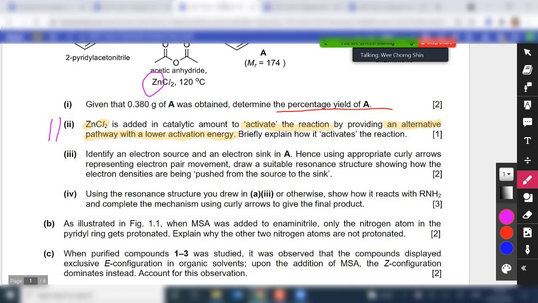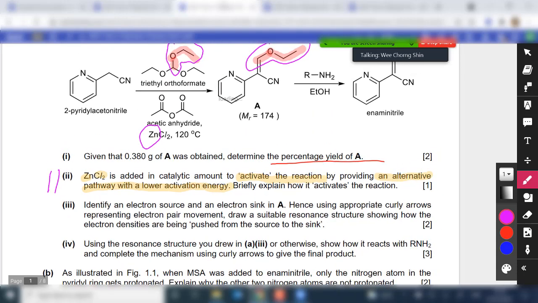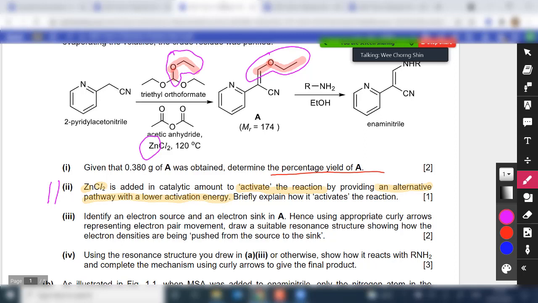Electron source and electron sink in A. You realize that molecule A is actually quite an interesting looking molecule.